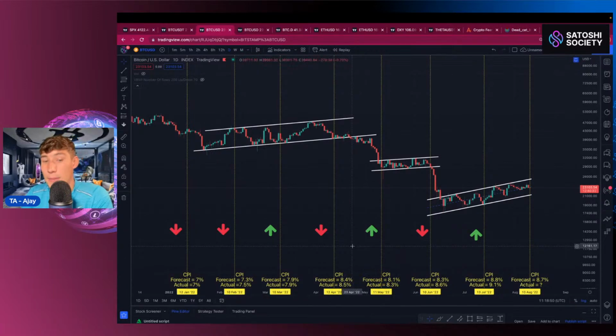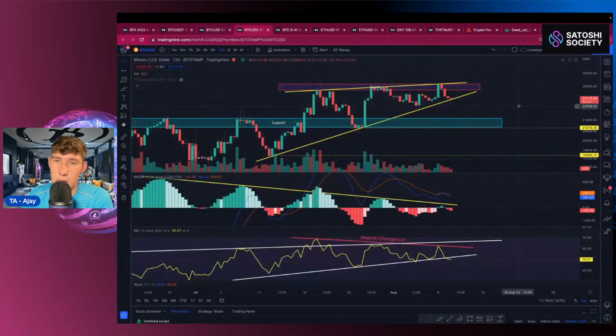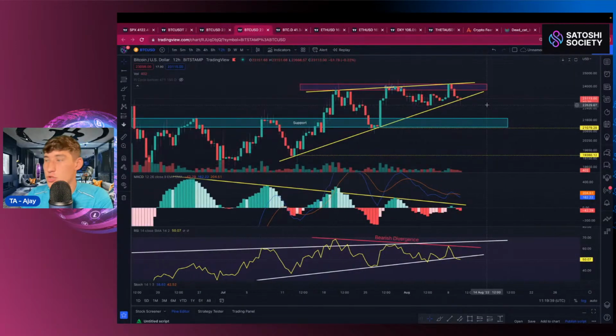We came out 8.5. I know it's not a big difference, but you can see that these forecasts aren't 100% correct at all. So we do not know what the CPI print is going to be. So I would just hold off with any sort of long trading or short trading as of right now, and I'd wait for that to come out.